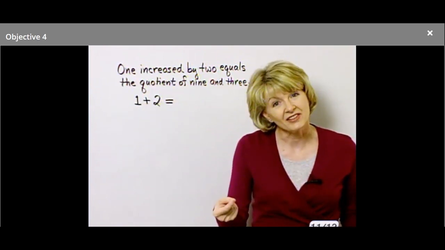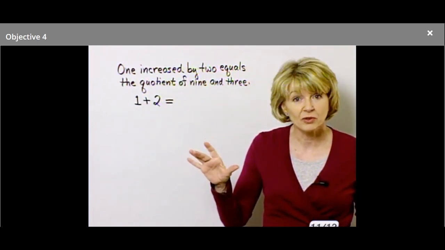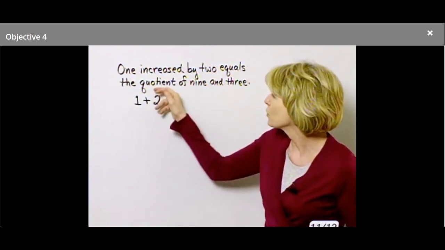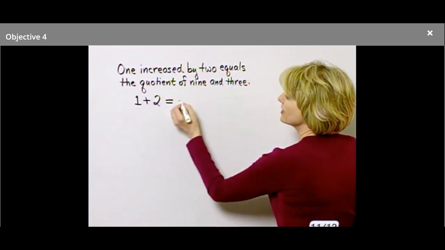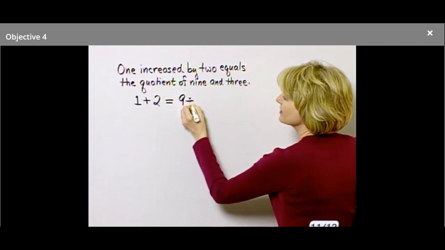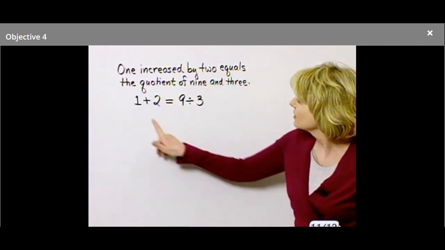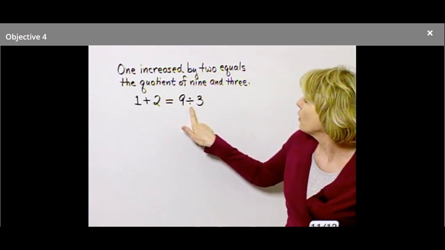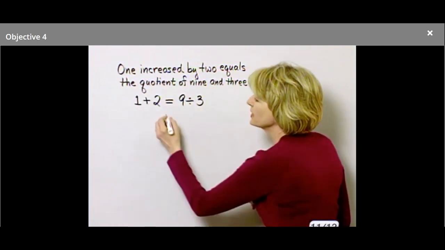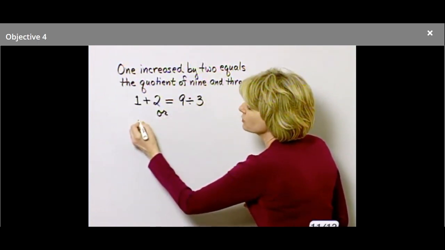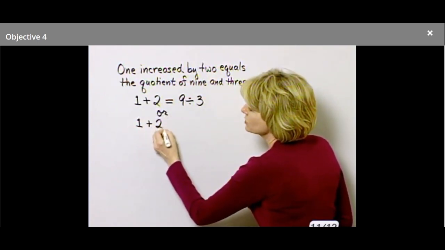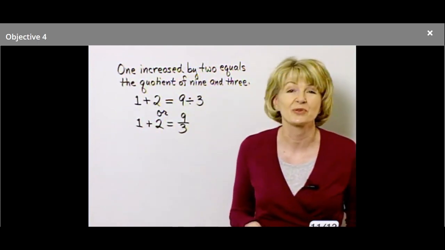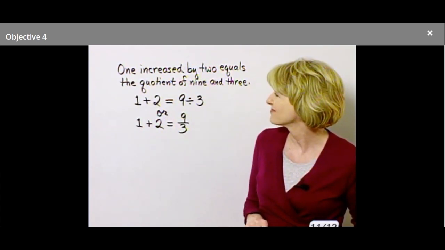Quotient means division, so you can use the division symbol or you can use a fraction bar if you'd like to. Those both mean quotient. The quotient of 9 and 3. And once again, you can write 1 plus 2 is equal to the quotient of 9 and 3.